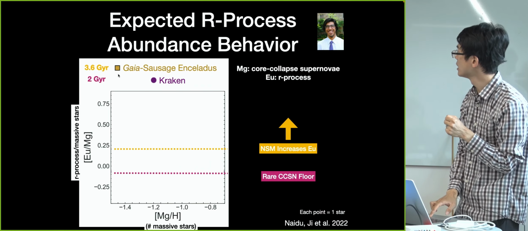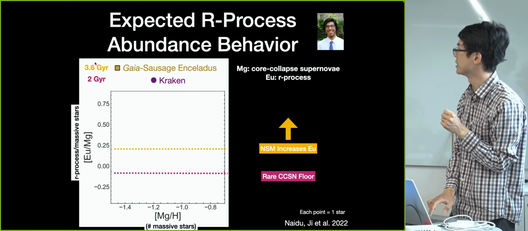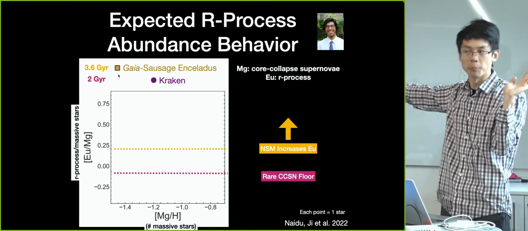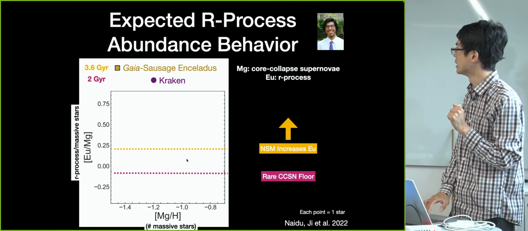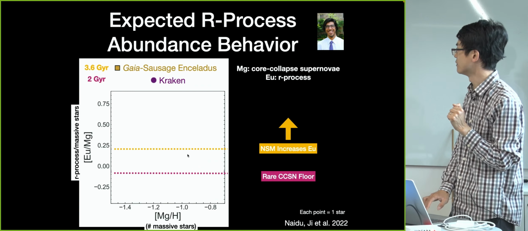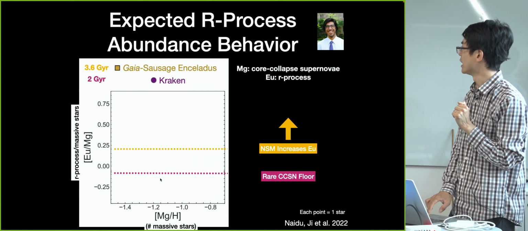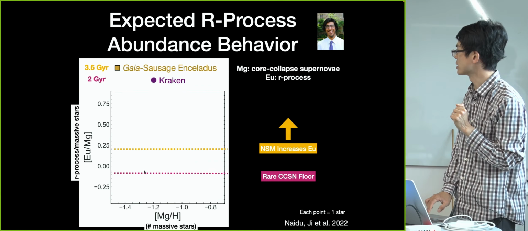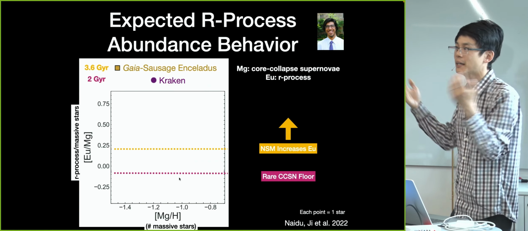In other words, in the 1.6 billion years between when this thing stopped forming stars and when this thing stopped forming stars, some number of neutron star mergers went off. Those elements got captured into the stars forming inside of this galaxy. And so these two things will differ. In that 1.6 gigayears, a whole bunch of neutron star mergers went off inside of this galaxy, but they just never made it into stars, right?